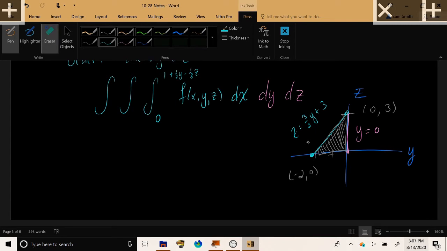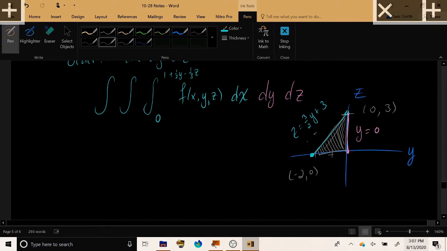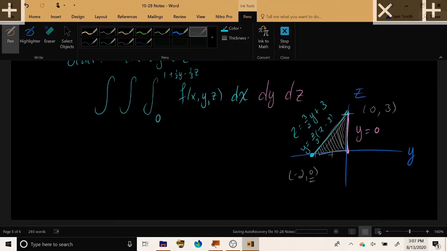If we write this in terms of y, we subtract 3 and multiply by 2/3, and we get y equals 2/3 z minus 3. This is valid for z values between 0 at the lowest and 3 at the highest.